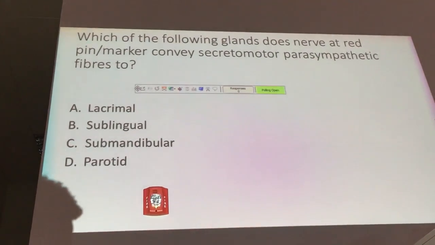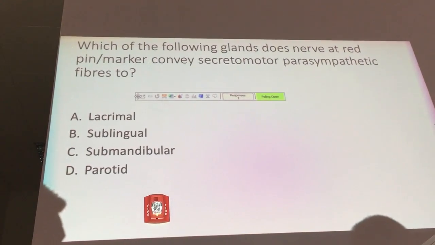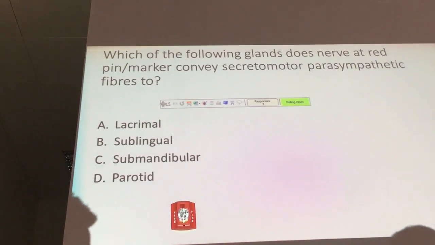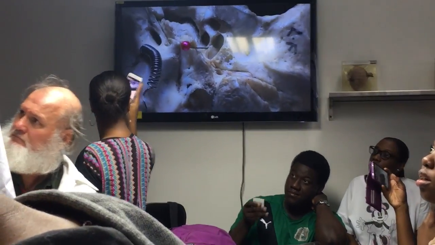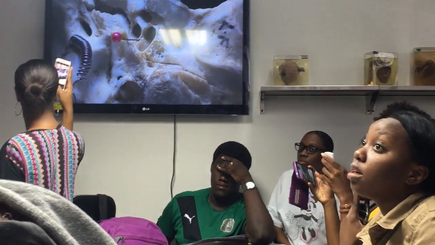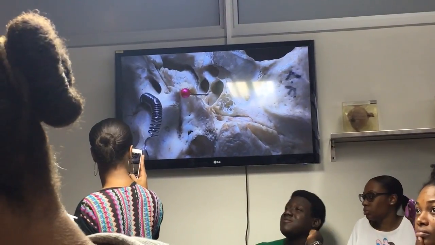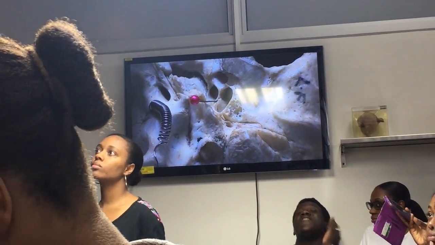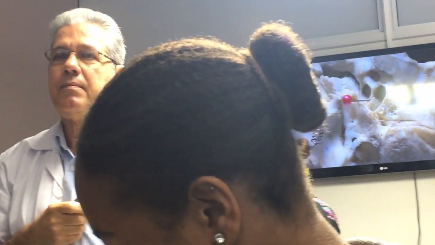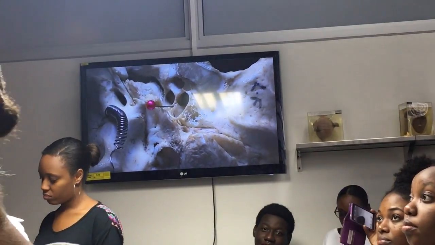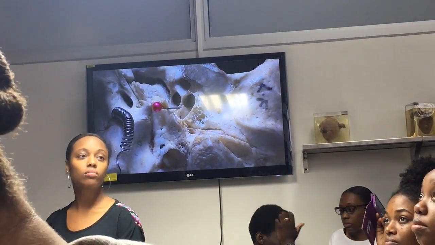Okay. The next question now is related to that same red pin. Which of the following glands does the nerve of the red pin convey secretomotor parasympathetic fibers to? I expect 100% on this. You've been prompted already. Don't put the response in there.